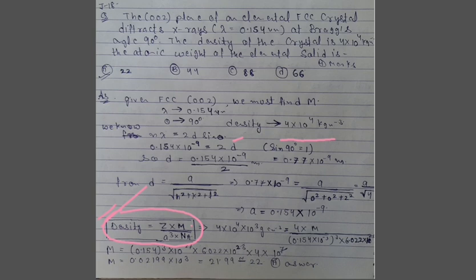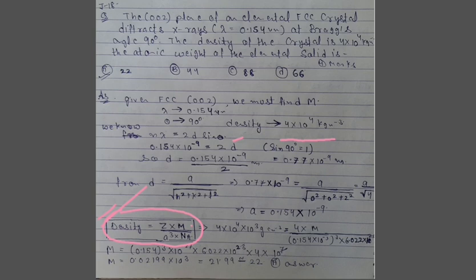How? We know Bragg's law, n lambda is equal to 2d sin theta. Here you should assume that n is equal to 1 because its value isn't given in your question. So n is equal to 1 and lambda is equal to 0.154. You should convert it into meter, okay. So we know that 1 nanometer is equal to 10 power minus 9 meter.